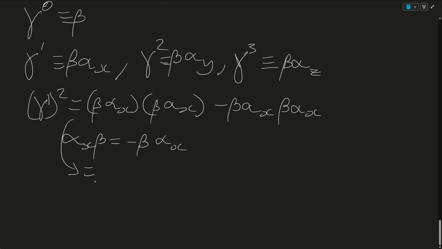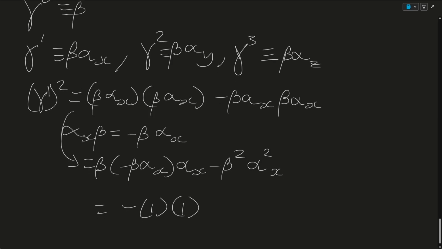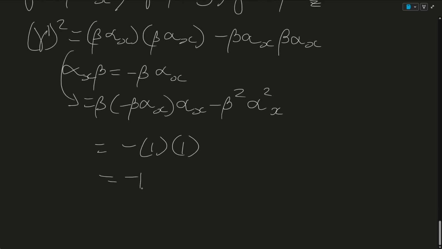This is equal to beta minus beta alpha sub x minus beta squared alpha squared sub x, which is just minus 1 times 1, which is minus 1.